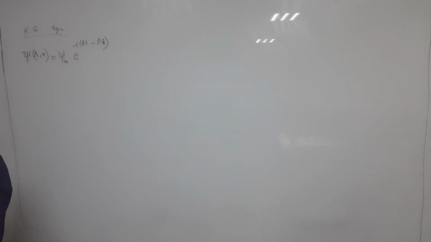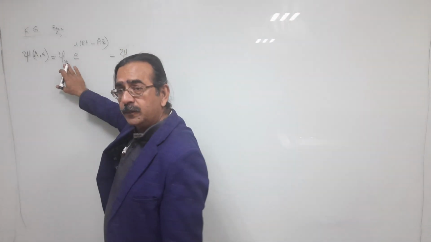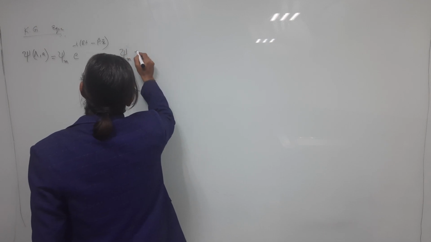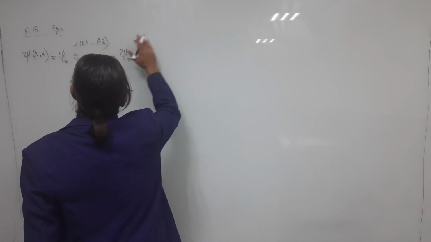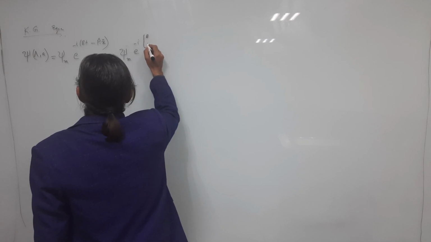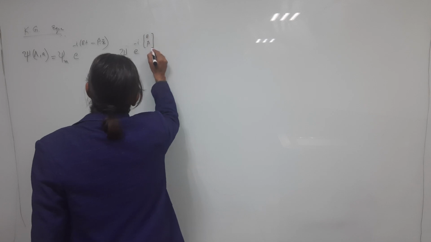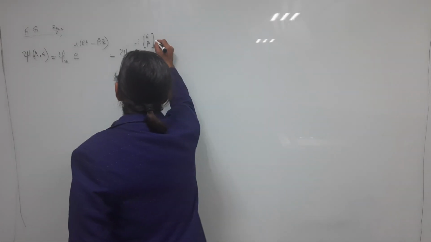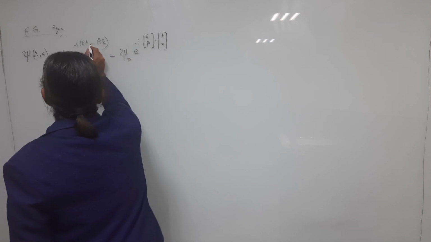That is also the solution of the Schrodinger wave equation. Here psi m is an amplitude, which means a constant.